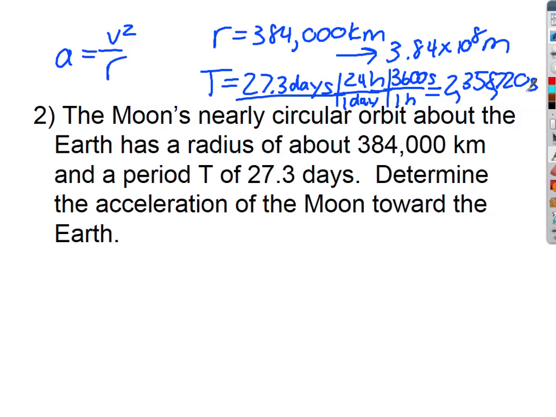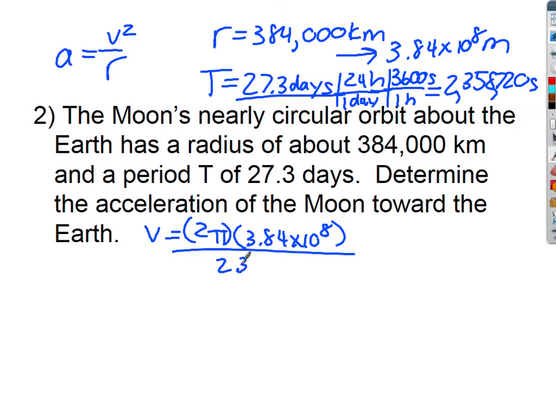Okay, all right. So for this one, this is a good example where you could try to use that expanded formula for acceleration, but me personally, I just find the velocity. I do 2 pi times 3.84 times 10 to the 8th divided by 2,358,720. I find the velocity first, which gets me 1,023 meters per second. That's actually how fast the moon's moving around the Earth.